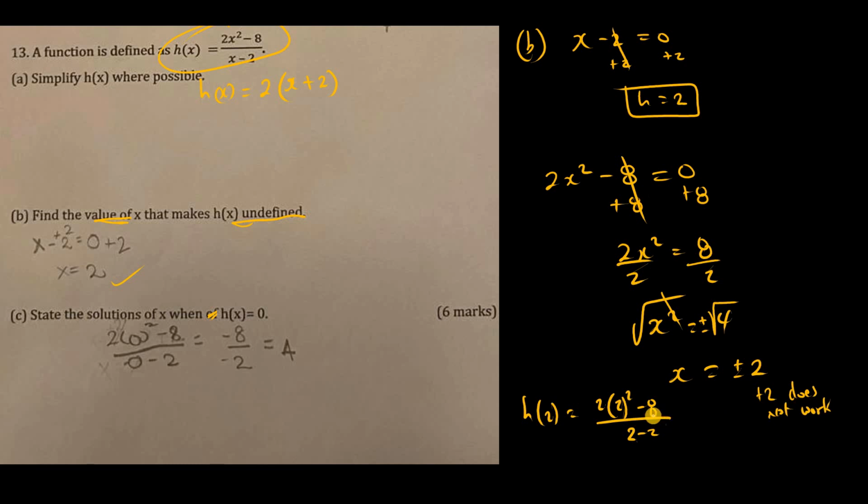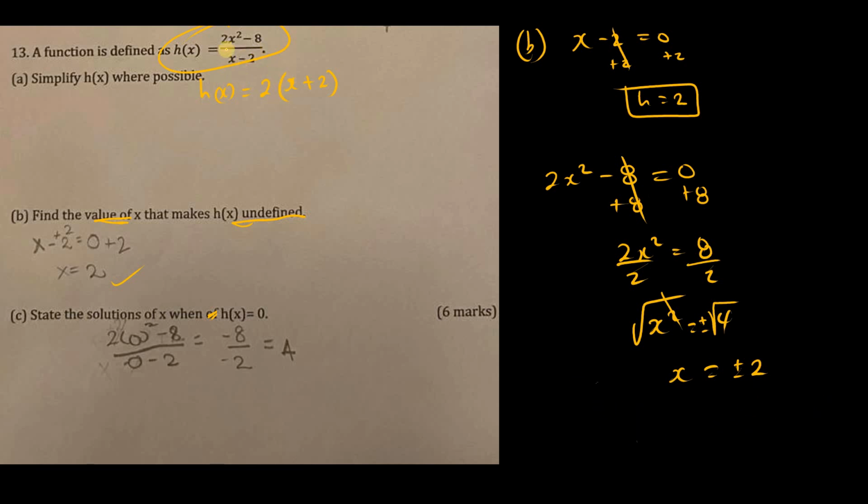So that does not make it equal to 0. 2 squared is 4, 2 fours is 8, we end up with 8 minus 8 divided by 0. We end up with 0 over 0, which is also impossible. This is indeterminate, so we can't have that. Even though the numerator becomes 0, 0 divided by 0 does not return 0.